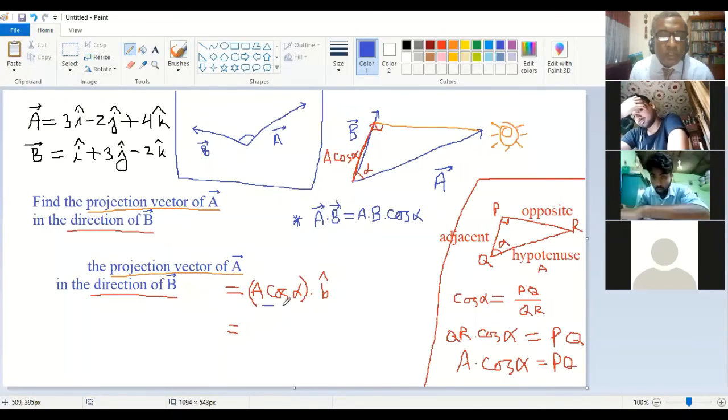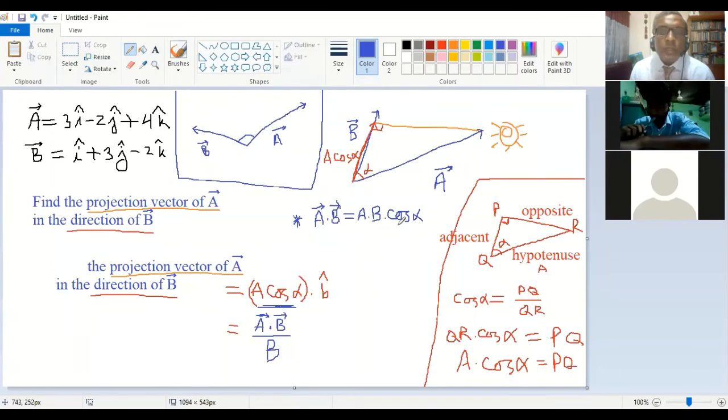If you want to find this A cos alpha, what will it be? A cos alpha will be A vector dot B vector, the dot product of A and B, and you will divide this by what? Only the B vector value, because B will go to the left side.